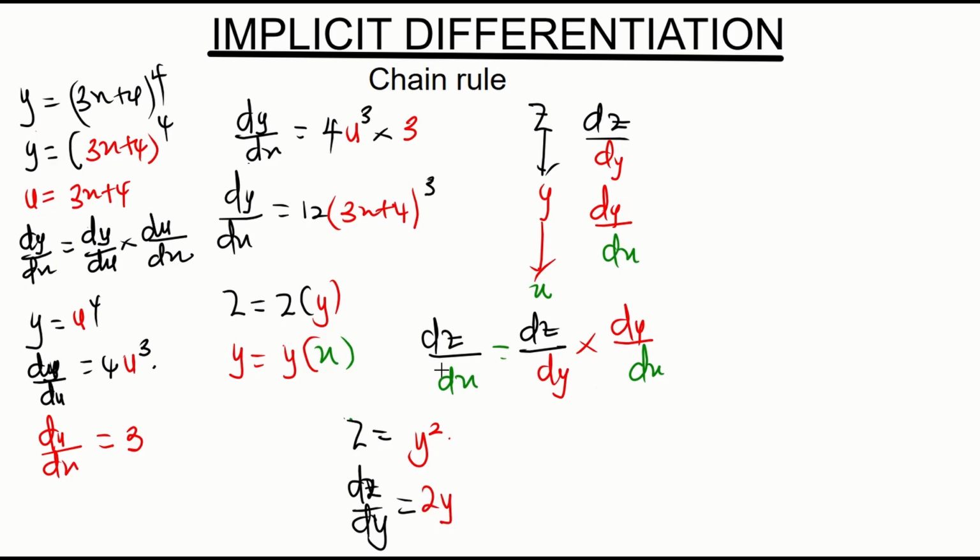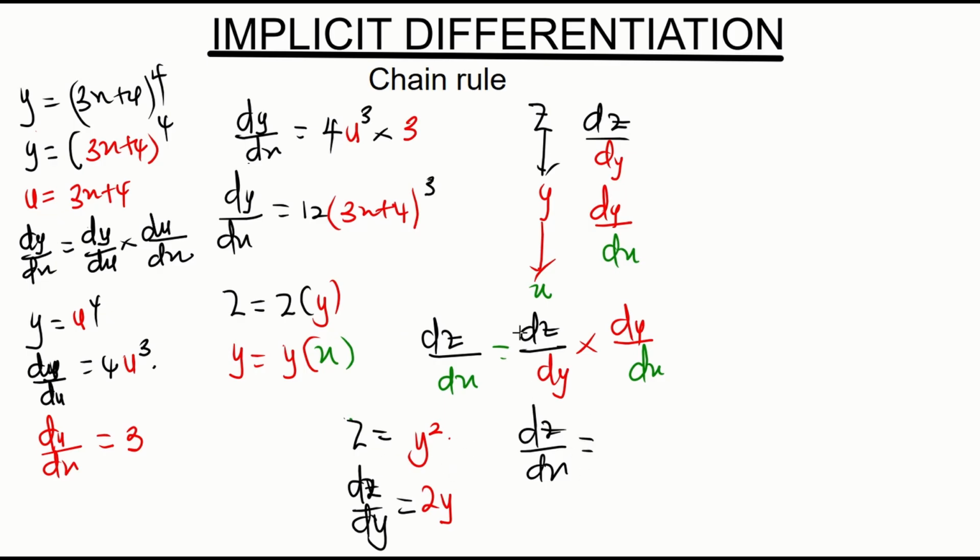So what does this give me? If my dz dy is equal to 2y, this is going to result in my dz dx, since I'm still differentiating the function with respect to x.